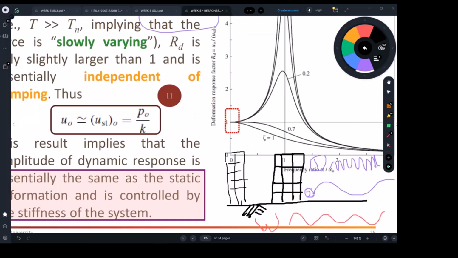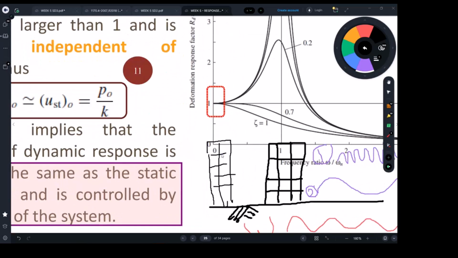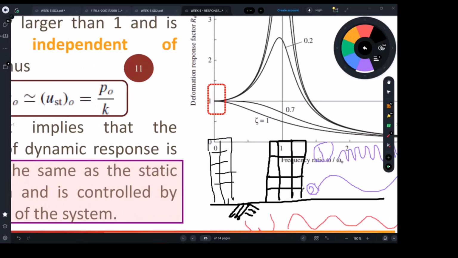Correct. But I'm asking you, imagine with me now you have two buildings, one skinny and one large. Which building should represent number one, and which building should represent number two of the natural frequency? Which one do you think is going to be vibrating naturally with a lot of frequencies?